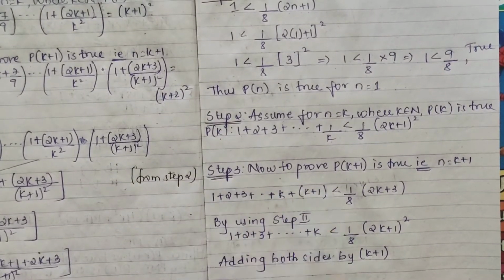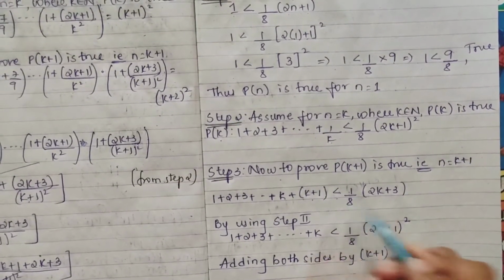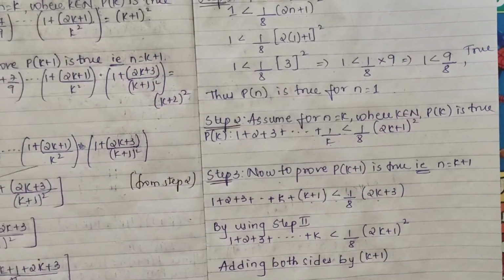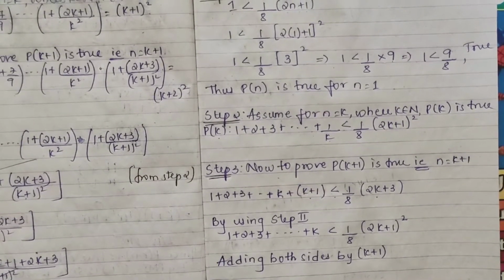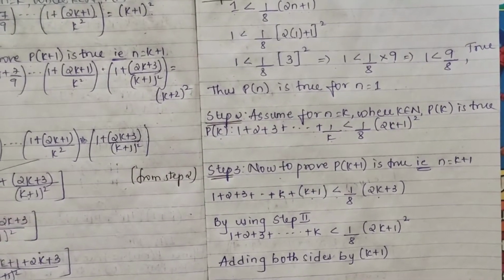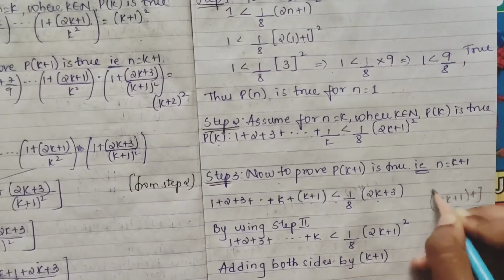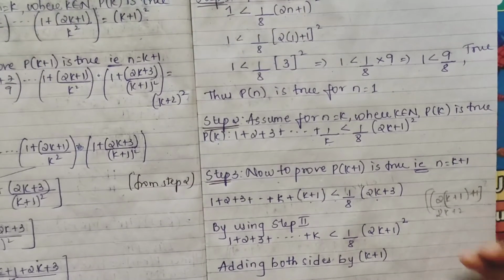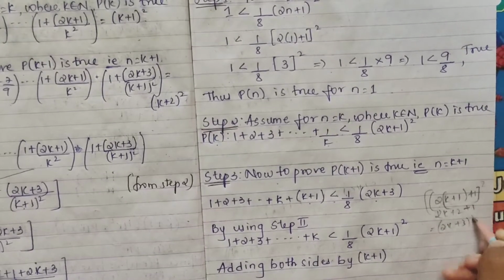So what it becomes, 1 2 3 and so on up to, in place of n it will be k plus 1, less than 1 by 8. Here also you have to be proper, it will be 2 into (k plus 1) plus 1. Multiplying the 2 inside, you get 2k plus 2, so plus 1, you get 2k plus 3, the whole square.